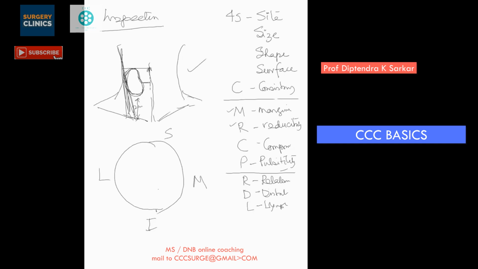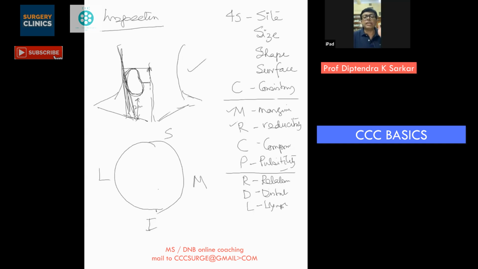Now on inspection, when you are looking at a reducible swelling, for example, when it is situated in the groin, this is a swelling which an individual tells that he can feel somewhere in the groin.